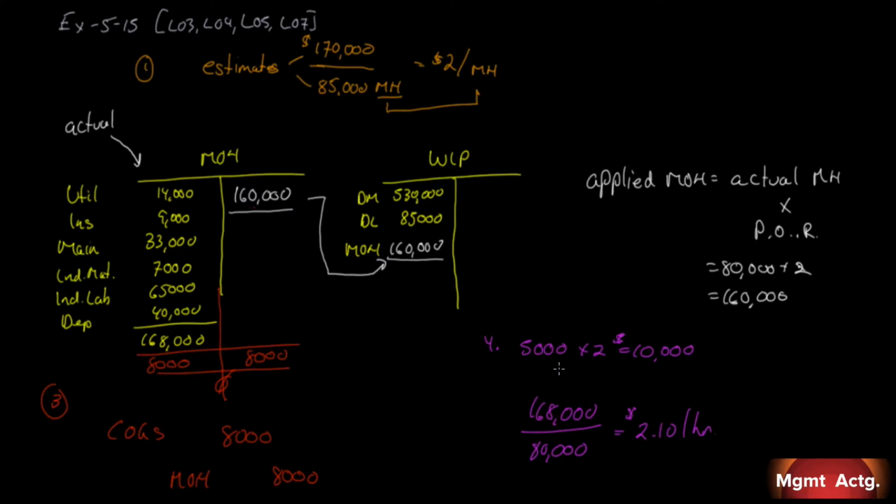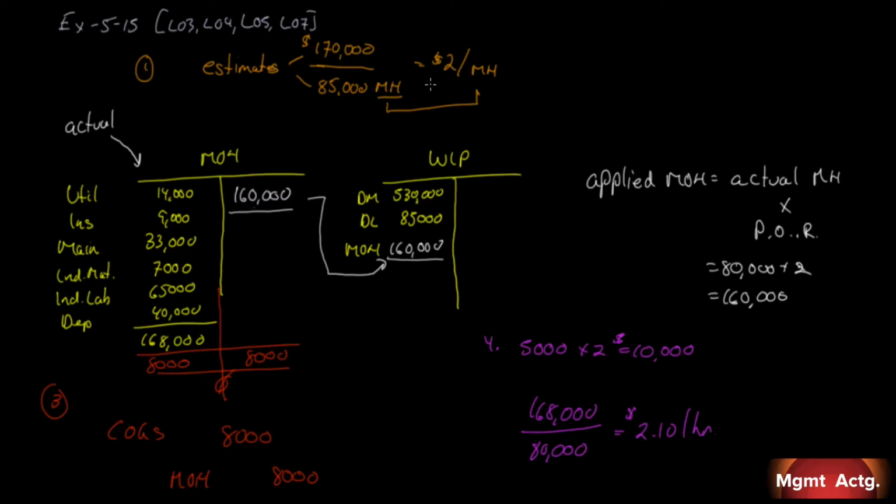If we used 85,000 hours, we would have charged $170 instead of the 168. And that would have made sense with the 170 being what we did. Yes, you would have applied that, but that's not what you actually incurred. So here's the logic. You're at $2.10 an hour, which is more expensive than the $2 per hour.